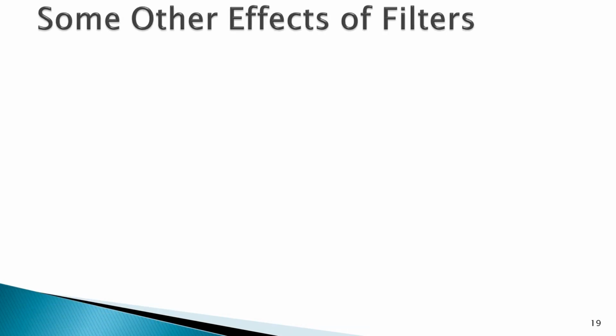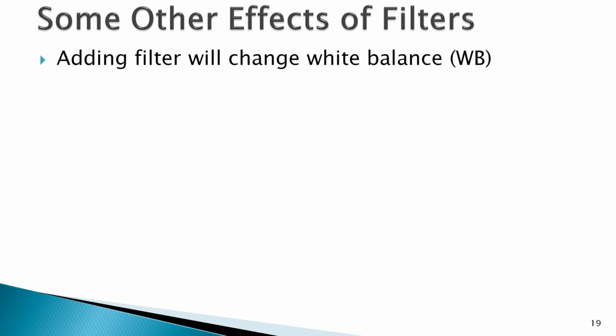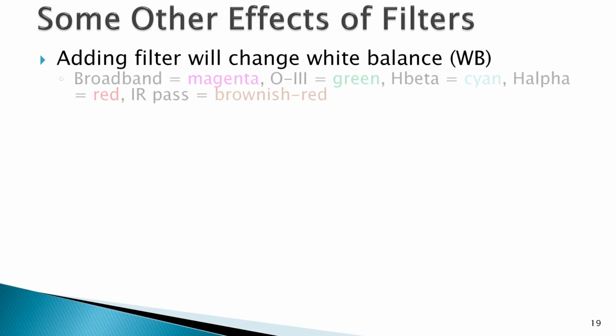Besides the beneficial effects mentioned already, filters have a number of other effects on your observing or imaging. The first thing to note is that filters change the scene's white balance. Broadband filters add a magenta hue, O3 a green hue, H-beta cyan, H-alpha red, and IR pass a brownish red color.